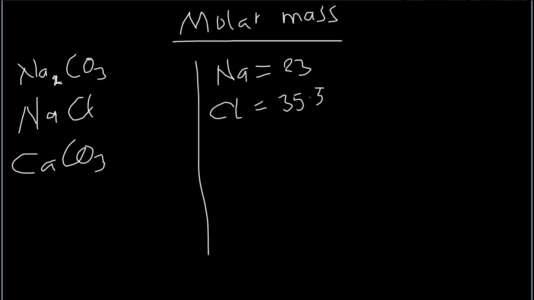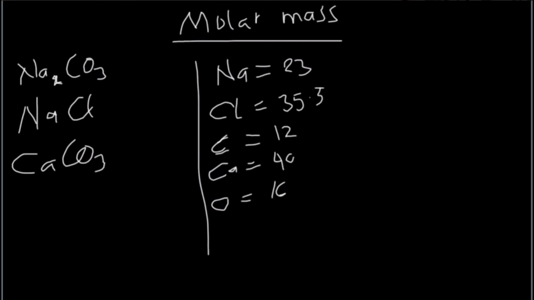We also have C, carbon. The mass of carbon is 12. The mass of Ca, which is calcium, is 40. And also the mass of oxygen is 16. So we're going to use these relative atomic masses to calculate the molar mass.